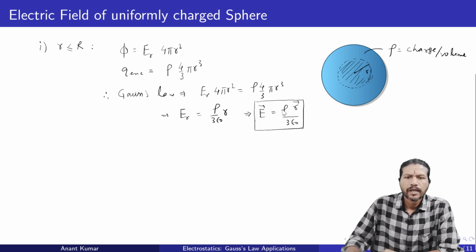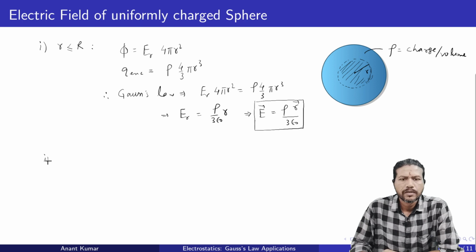This is important. What happens when you go outside? Either by using Gauss's theorem directly or by using the shell theorem, we can notice that when we go outside, the left hand side of the expression remains the same, but the charge is now the total charge. So the flux, which is the radial field into 4 pi r square, must be rho into 4 by 3 pi into capital R cube, because now I am dealing with the total charge of the sphere.